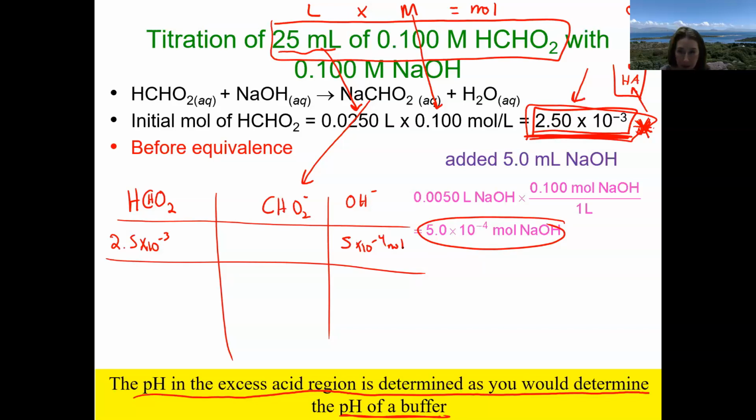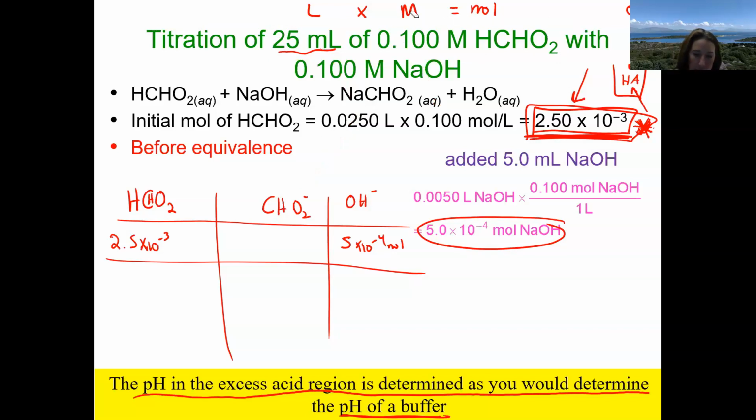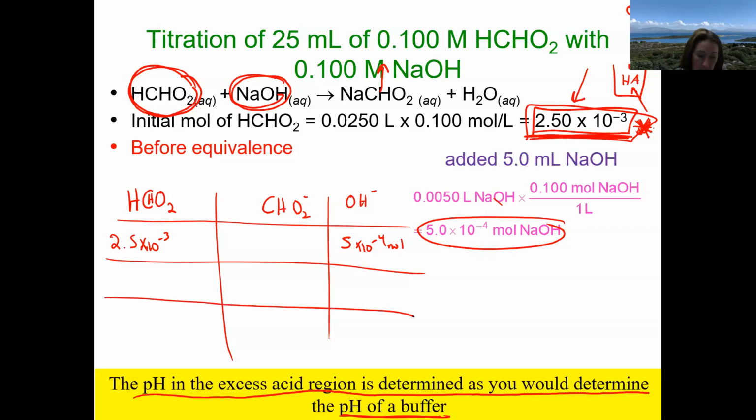So remember, I'm going to just erase this for a second. If we add this, it's going to react with this and make more of this. Think Le Chatelier's, right? So our base is going to react with our acid. This is going to be gone because we're going to react all of it. We're going to have none left, right?